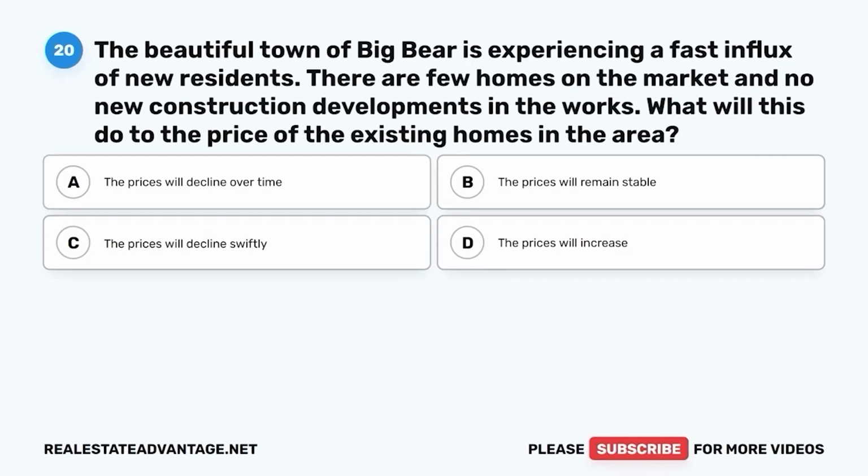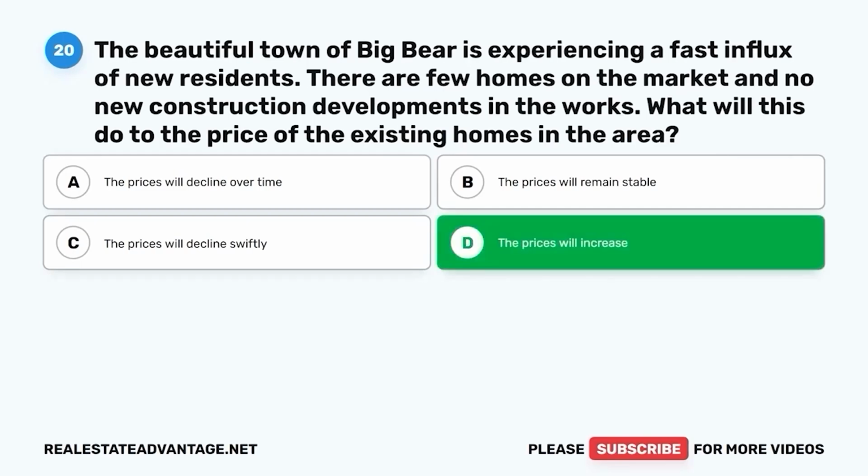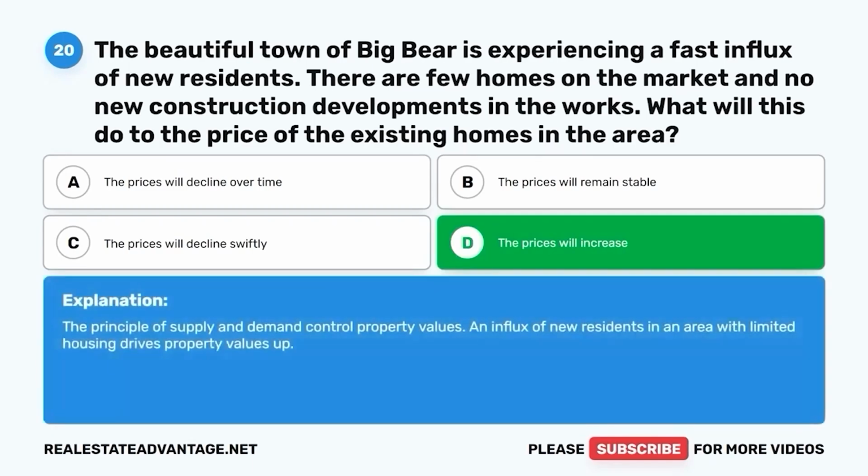C. The prices will decline swiftly. D. The prices will increase. The correct answer is D. The prices will increase. The principle of supply and demand controls property values. An influx of new residents in an area with limited housing drives property values up.